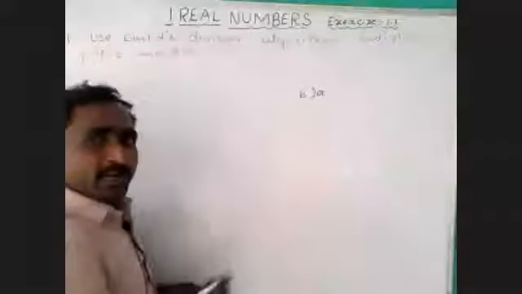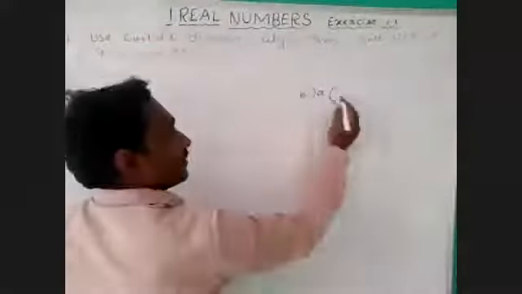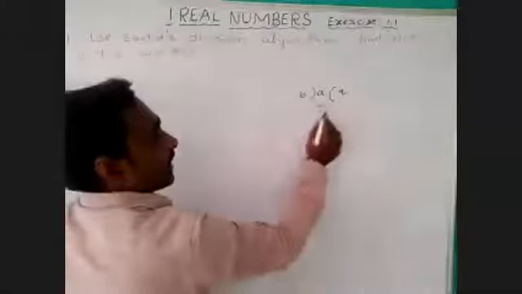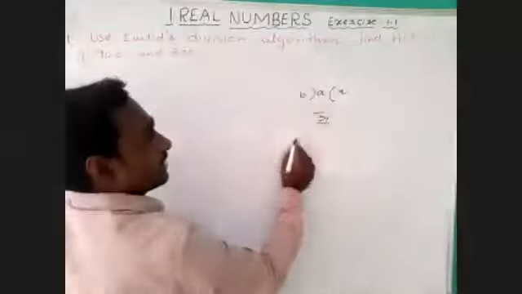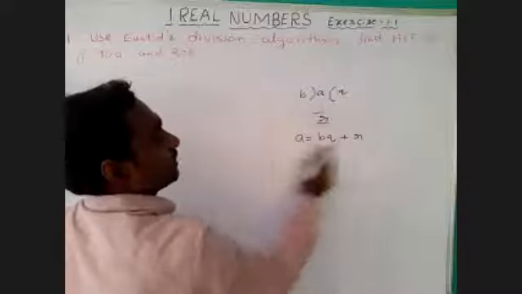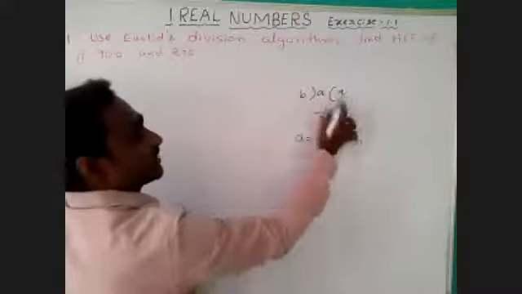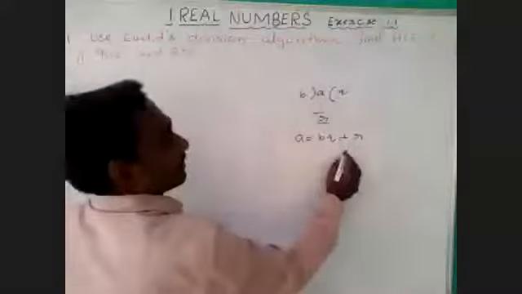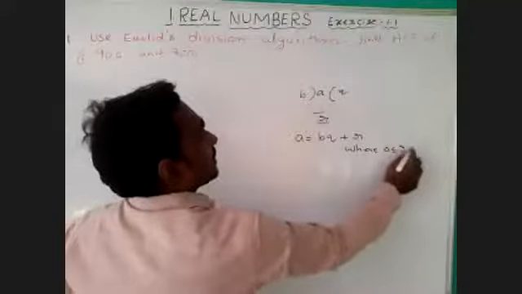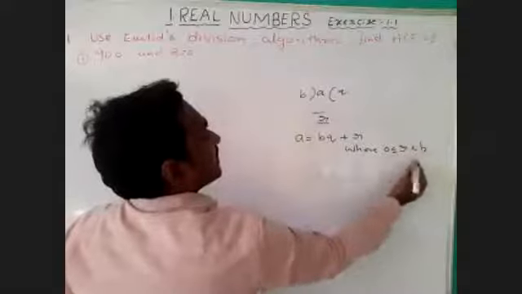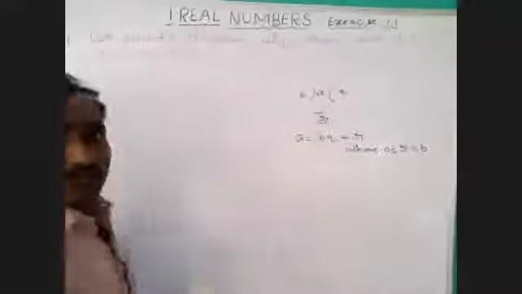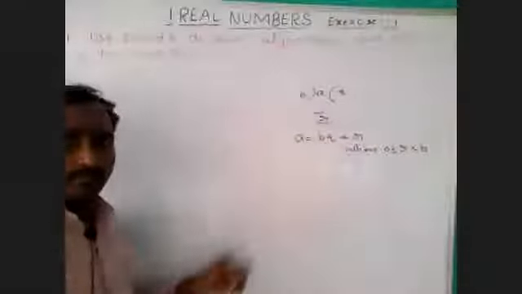You divide A by B. There exist Q, the quotient, and R, the remainder, such that A is equal to BQ plus R, which means dividend is equal to divisor into quotient plus remainder. Here 0 less than or equal to R less than B, where B is the divisor and R is the remainder. So this is Euclid's division lemma.